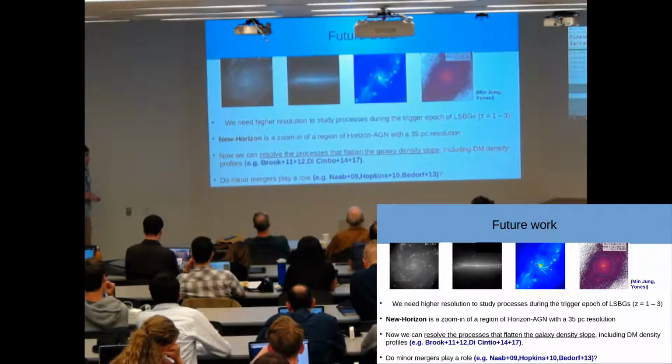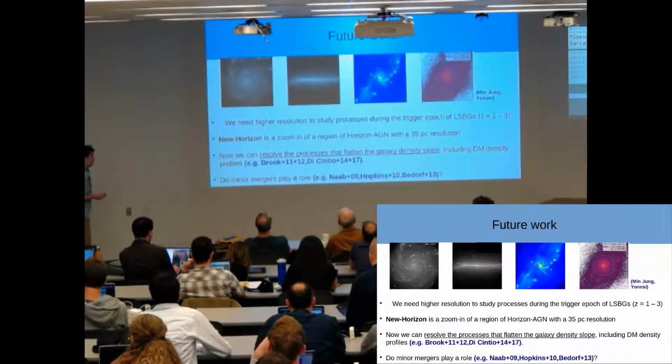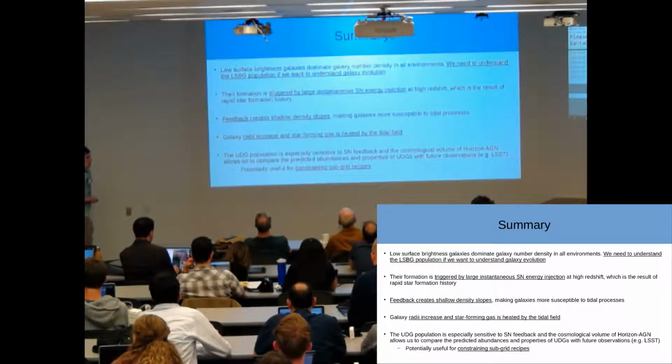This means we can now resolve properly the processes that flatten the dark matter density slope. We can also look at whether minor mergers might play some role in this as well. I don't think I have any time left.